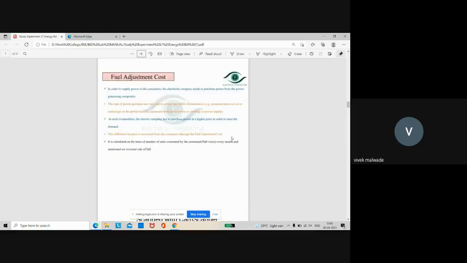Next is fuel adjustment cost. Okay. Now what are the fuel adjustment costs? In order to supply power to the consumer, the electricity company needs to purchase power from the power generation companies. Now there are many power generation companies: Mahagenco is there, then Tata Power is there, then Adani Power is there.